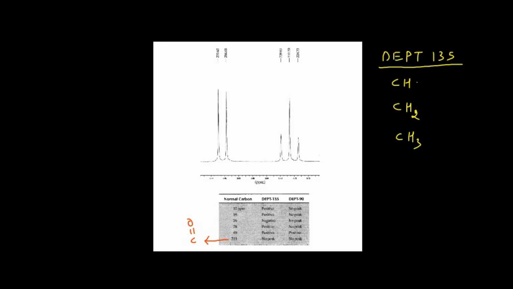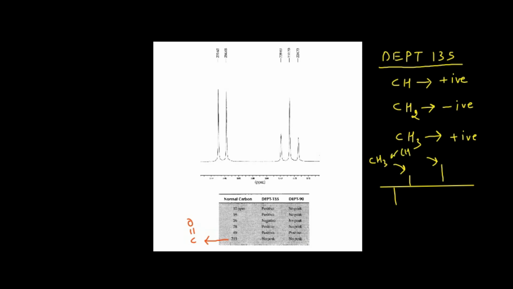So CH will give you a peak on the positive side, that means the usual upright NMR peak, and the carbon having three hydrogens will also give you a positive peak. Whenever CH2 is present in the molecule, you will have a negative peak, meaning a peak on the bottom side. So, for example, positive peaks may belong to either CH3 or CH, but a negative peak always belongs to CH2.